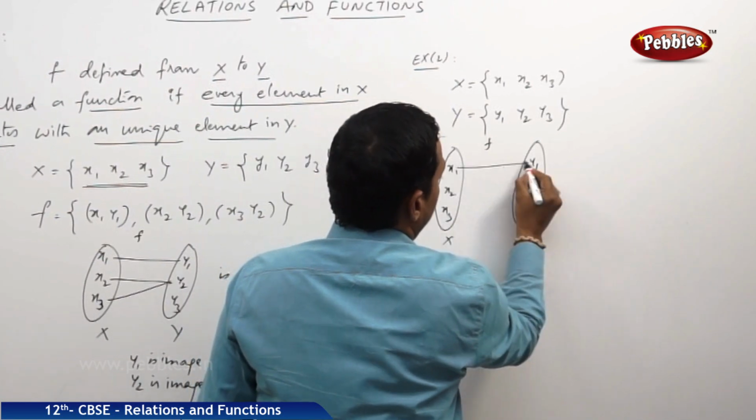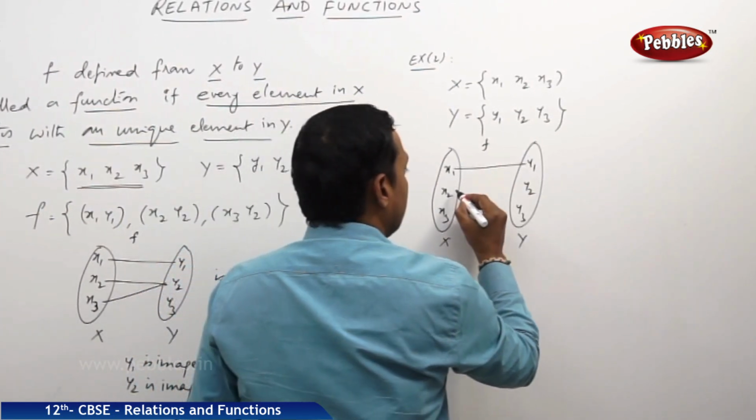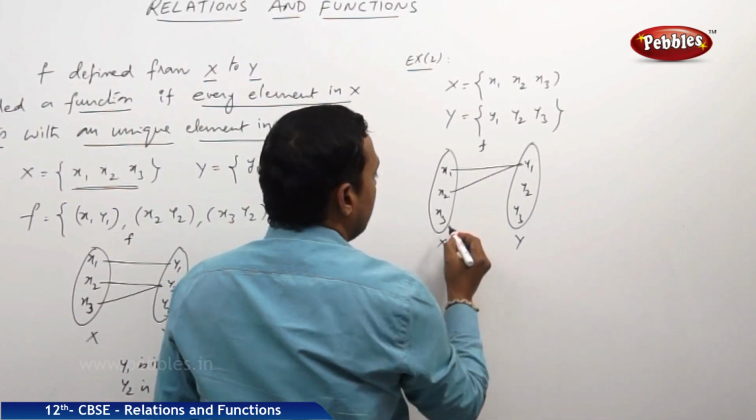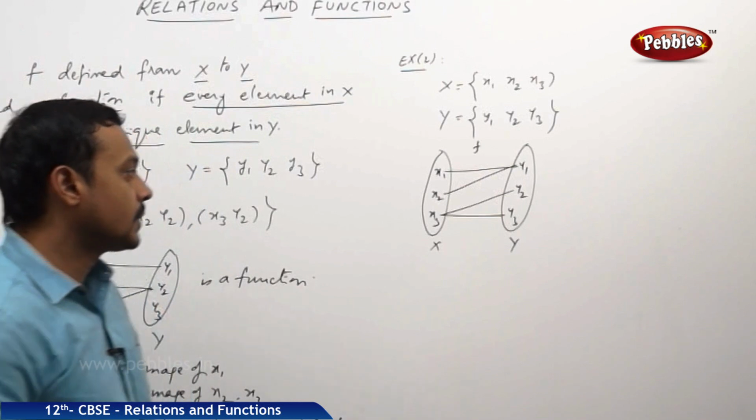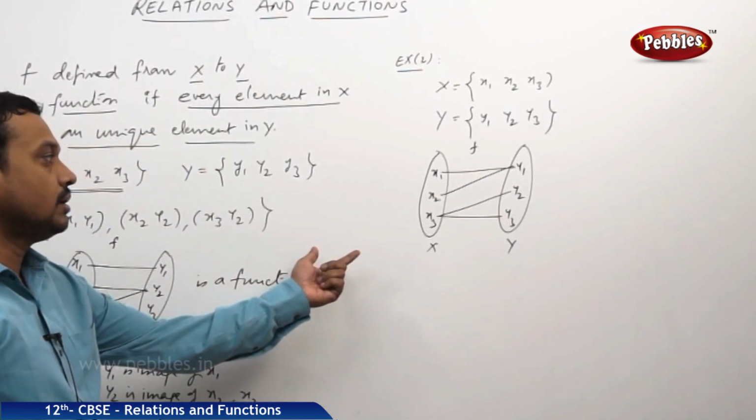Suppose x1 maps to y1, x2 maps to y1, x3 maps to y2, and x3 maps to y3. Now let us take a relation like this.